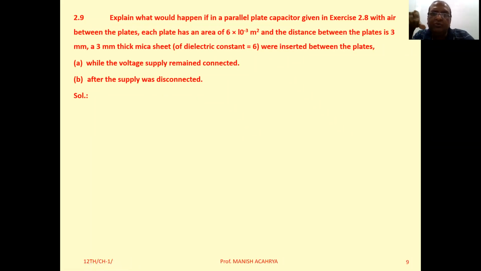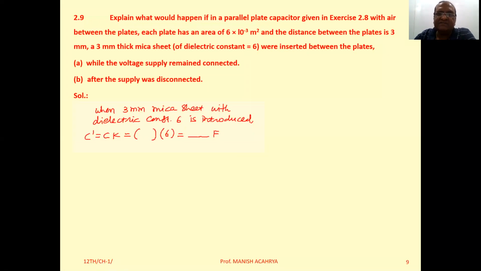Means initially you insert the mica sheet when the supply is connected, and second time when the supply is disconnected, after that you introduce that mica sheet. In both the cases, what happens that we want to calculate. Now see, when 3 millimeter mica sheet with dielectric constant 6 is introduced, the capacitance will be K times the initial one.